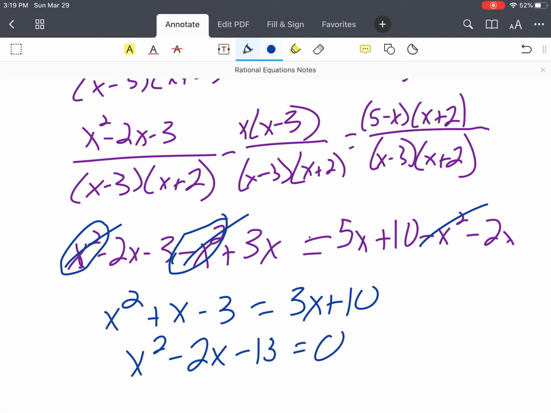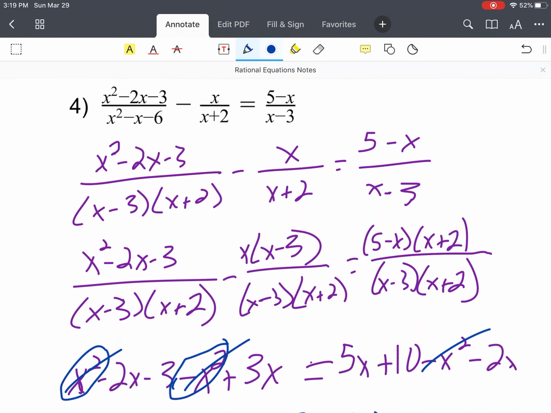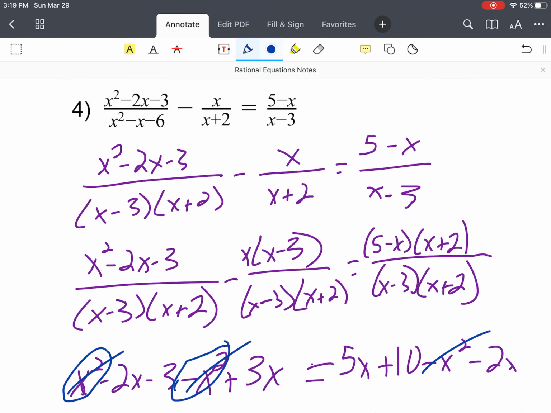Oh, hold on. Maybe don't hold on. That's going to be an x. Negative 4x, negative 2x. No, that's right. Negative 3 minus 10 is negative 13. Great. And make sure nothing appears wrong.